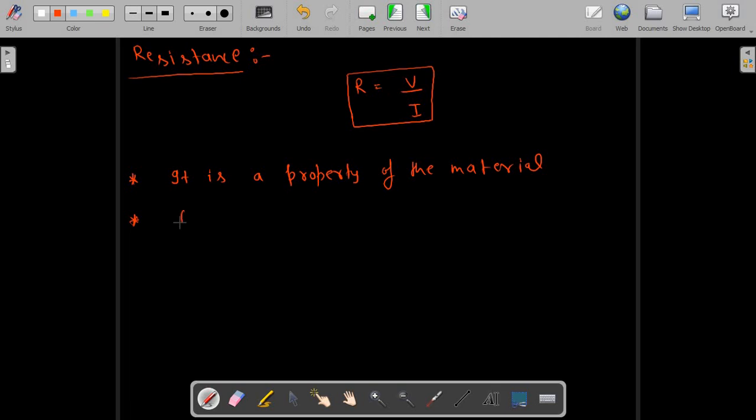Second thing, for one kind of material, it is constant. Suppose you are using one copper wire, so for copper wire the resistance will have some fixed value, so it will be constant throughout the wire. Yes, exactly, it will have a constant value.